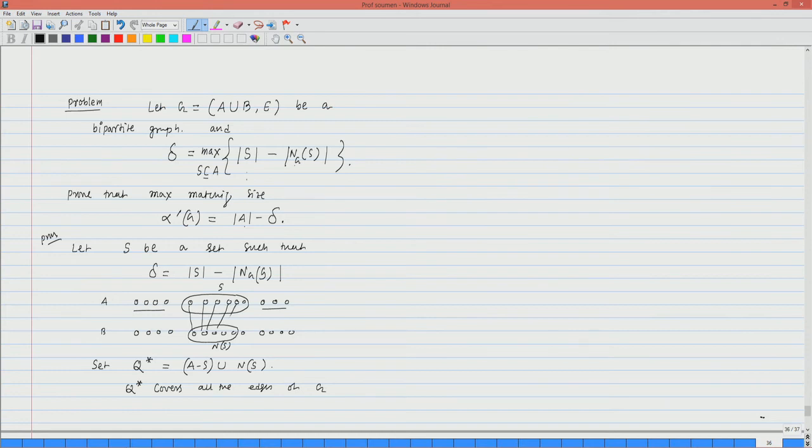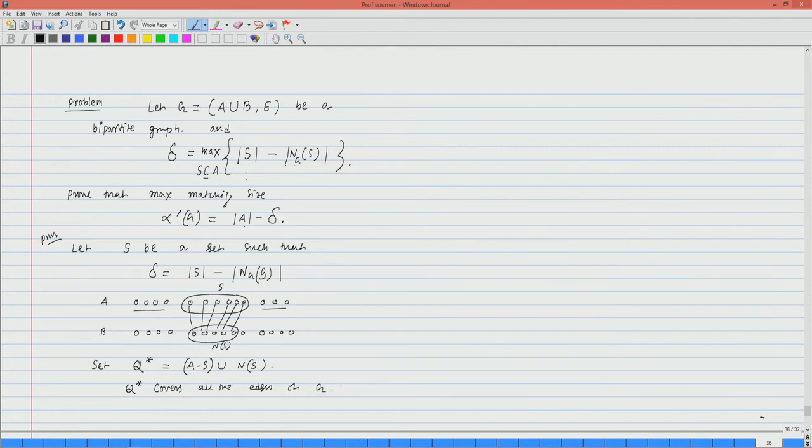So, all these edges will be covered by N S, and the remaining edges will be covered by this part, right. Basically, it is taking the whole A, but instead of S we take the N S part here, because N S is smaller than S.